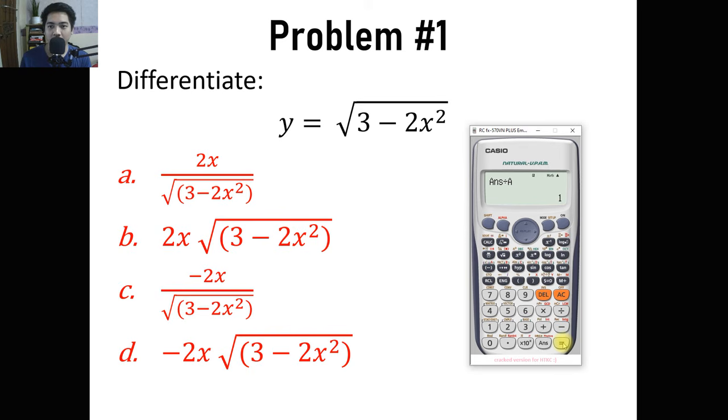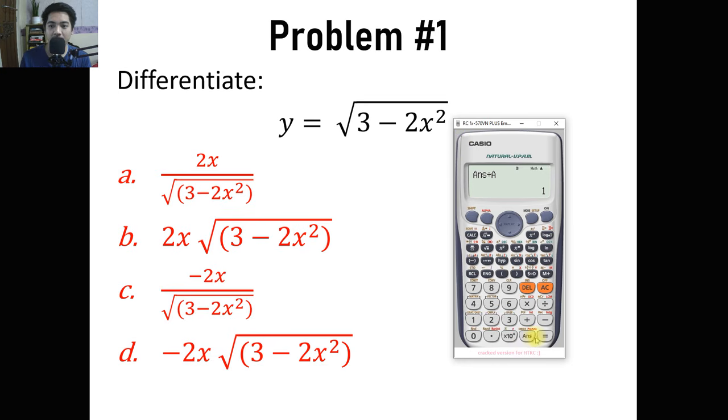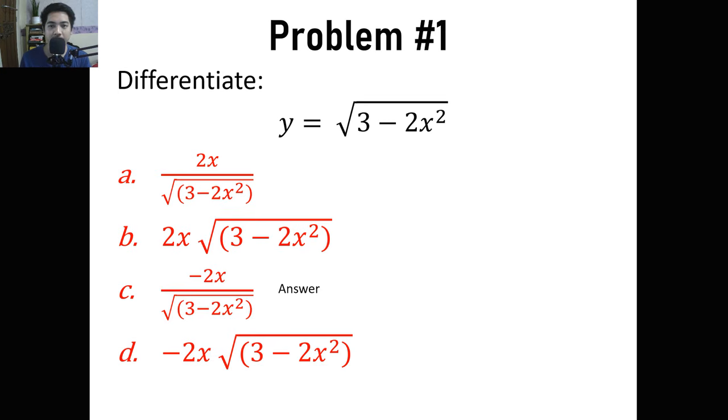Take note, we use small numbers because whenever we are differentiating, there is only a small change when we substitute that value. So this equals 1, and definitely letter C will be our answer.